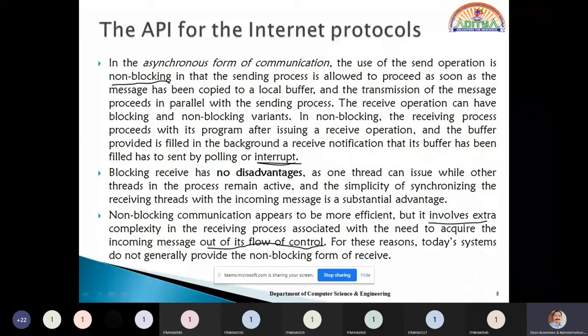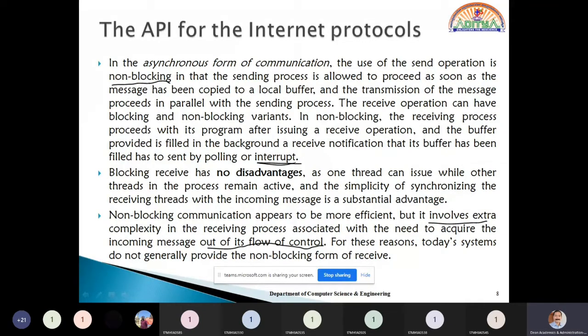So in non-blocking communication, if the receiver process is capable of receiving multiple blocks of data simultaneously, then it is definitely advantageous. Otherwise, there should be a mechanism which is complex in nature, that is nothing but controlling the flow of data.